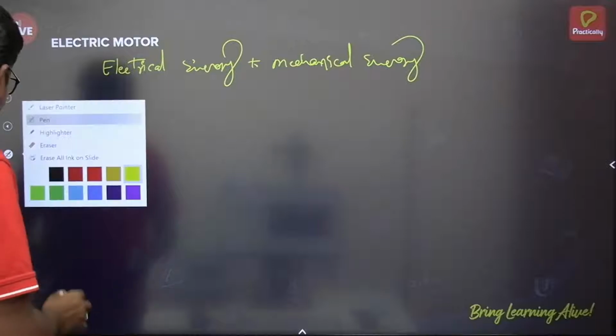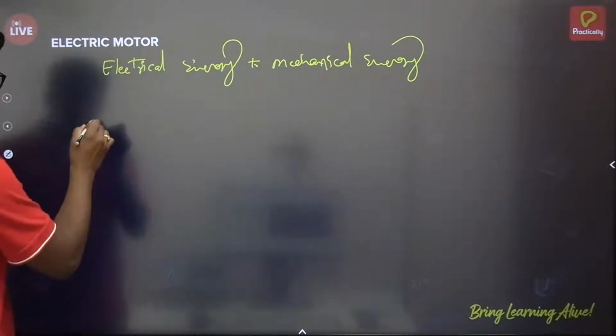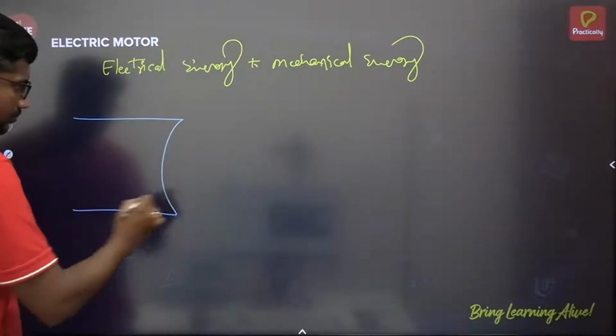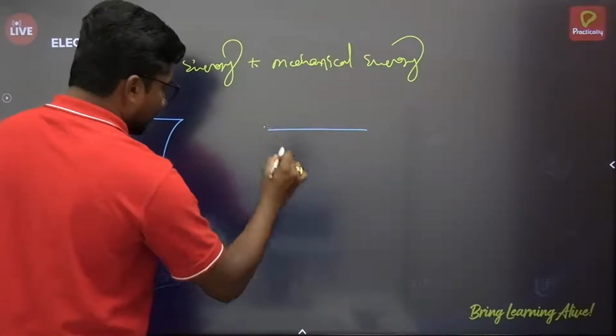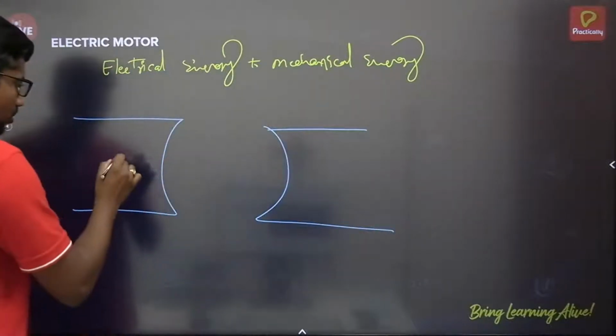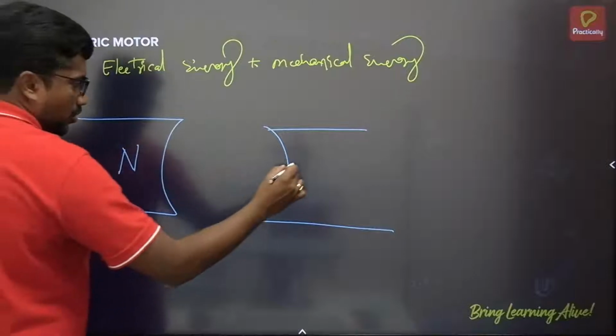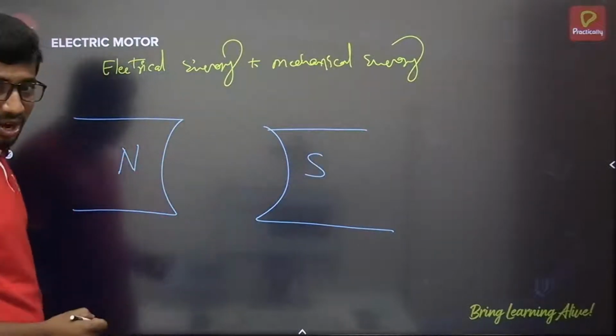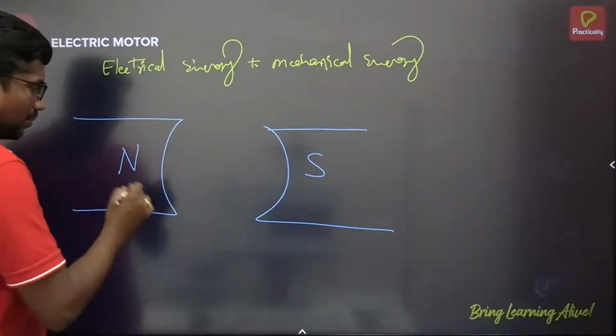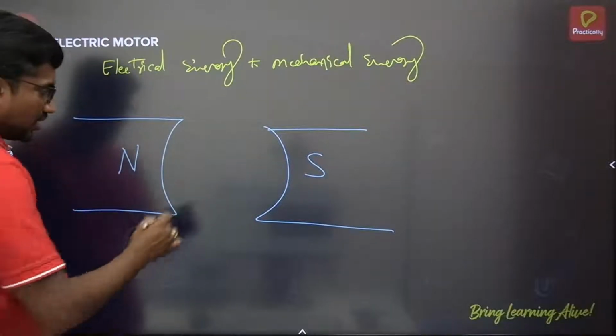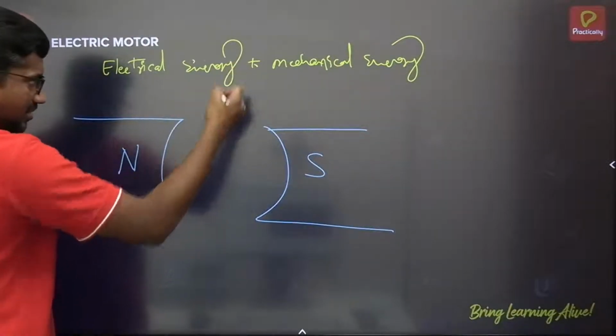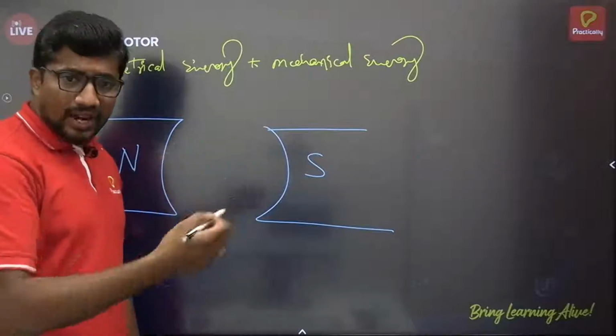So see here, consider a magnetic field which is produced by the poles of a strong magnet. This magnetic field will be directed from north to south. This motor consists of an armature.